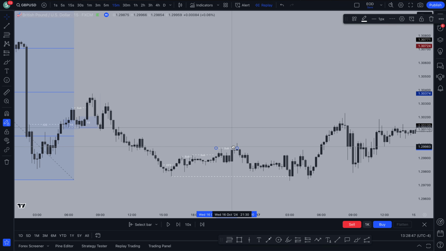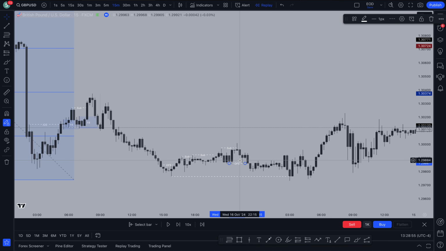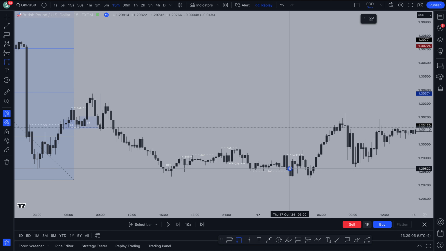That's how I was treating this. So we had a sub break here. We had an order flow shift to the downside there. So another sub break there, and then another order flow shift to the upside, and price came in and created a 15-minute demand.